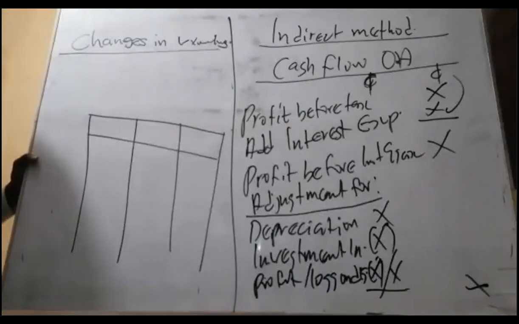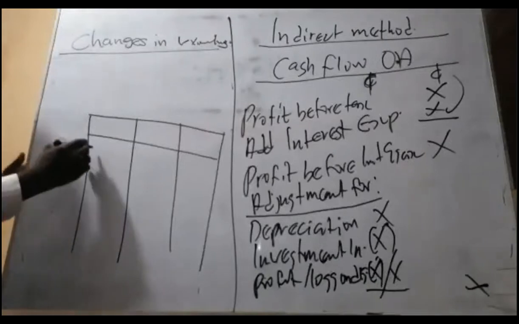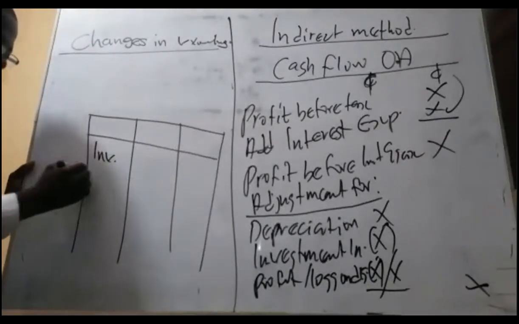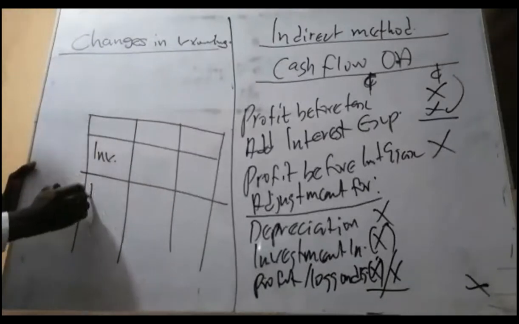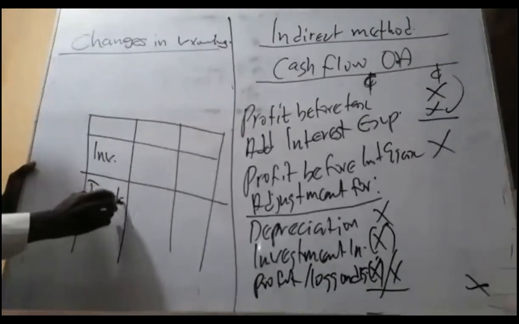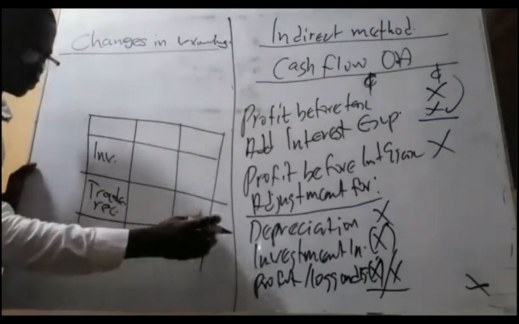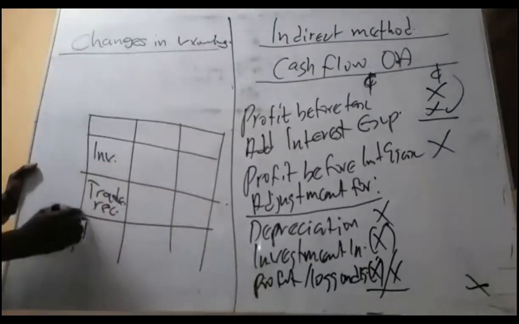There are three items that form part of the working capital. Item number 1, inventory. Item number 2, trade receivable, not account receivable, and trade payable.